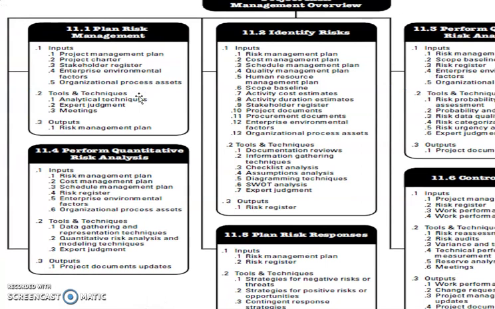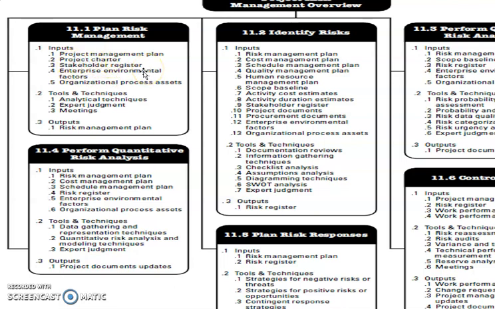Let us see what are the inputs for plan risk management. Project management plan, project charter, stakeholder register. This you will learn when we discuss project stakeholder management.